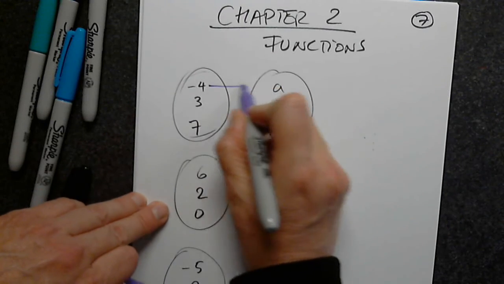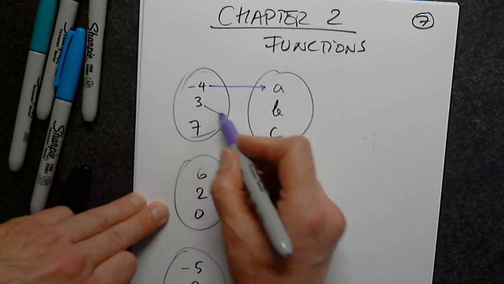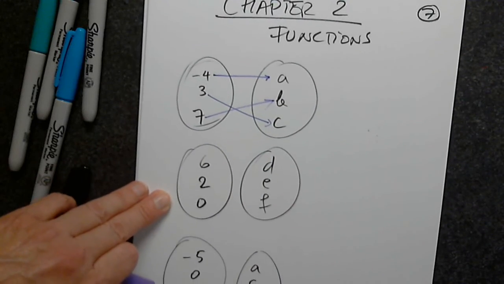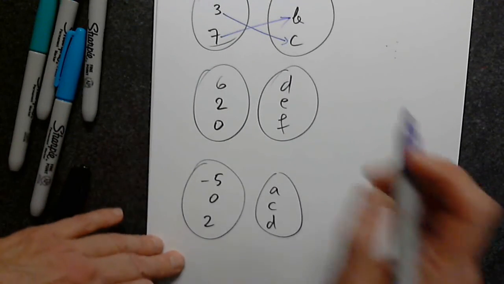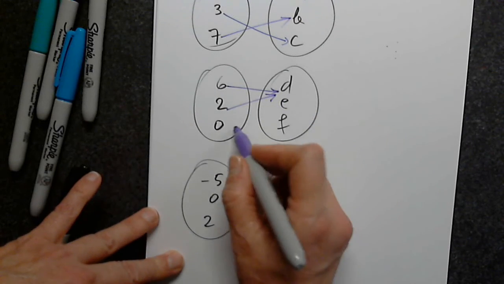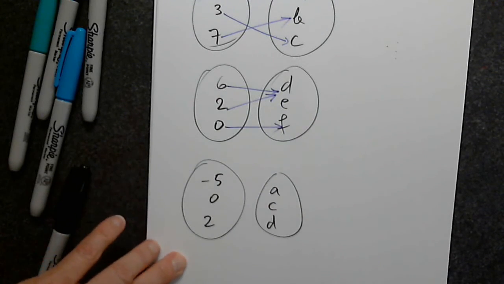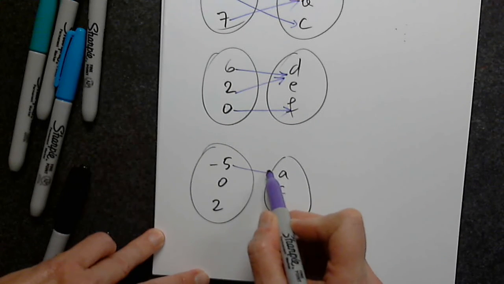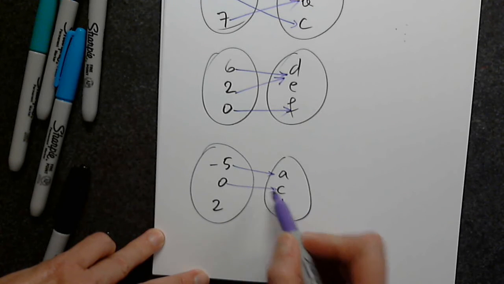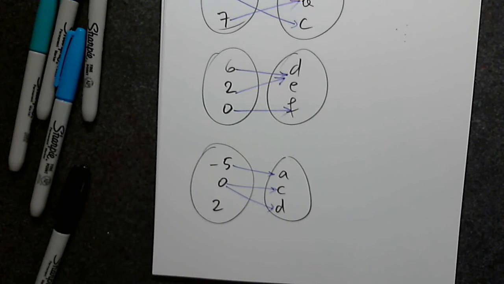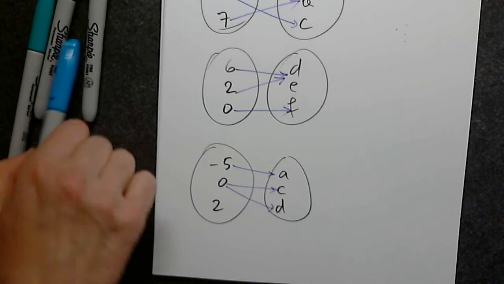I'm going to link these two, and these two, and these two. In the second option, I'm going to link these two, and then these two, and then these two. Careful. And then I'm going to link these two, and then these two, and then these two.